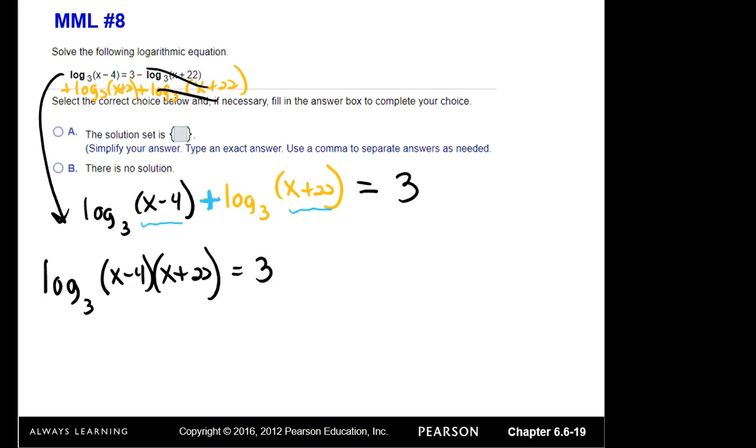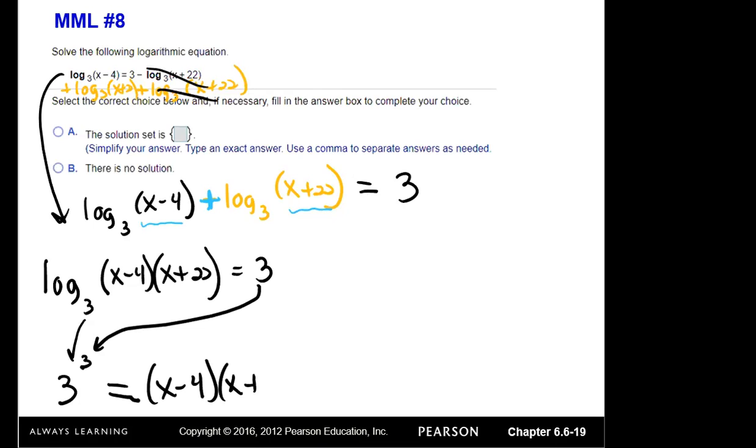Okay. So I grab my base. My base is the 3. This 3 over here is my exponent, and that is going to equal the x minus 4 times an x plus 22.